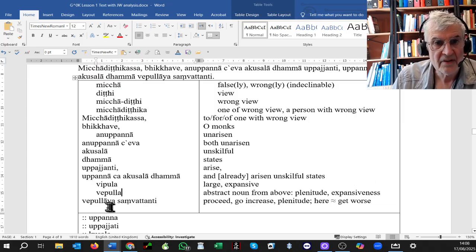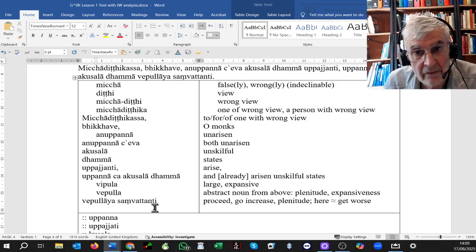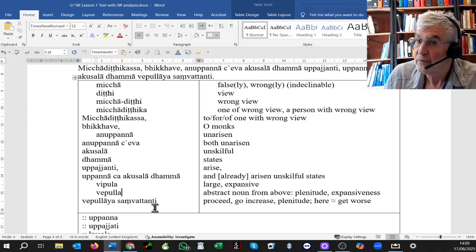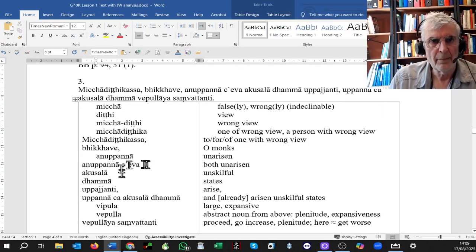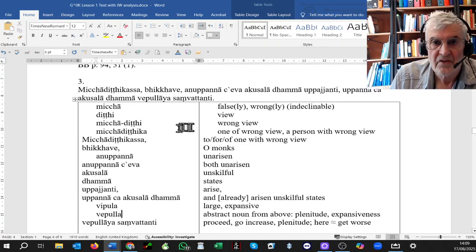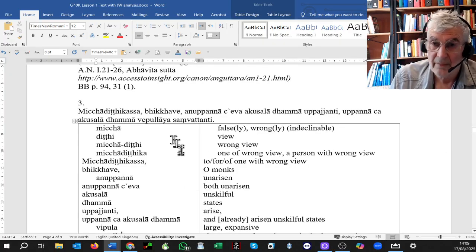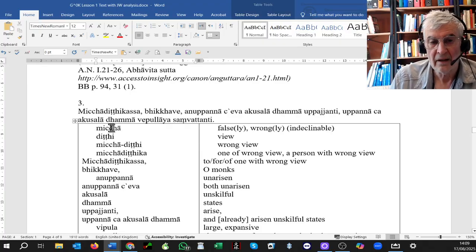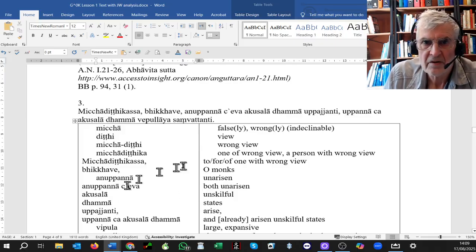So, and this is the dative, vepullaya samvattanti, they proceed, they go, they conduce to fullness. In other words, they fill out, they expand. They can get worse if you're talking about a bad state. So this means here that for a person of wrong view, O monks, unarisen unskillful states arise, and arisen, meaning already arisen, akusala dhamma, unskillful states, samvattanti, proceed, conduce, go on, vepullaya, to increase, to filling out, getting bigger.